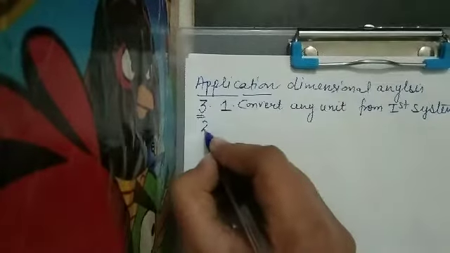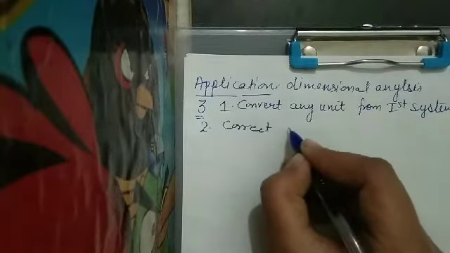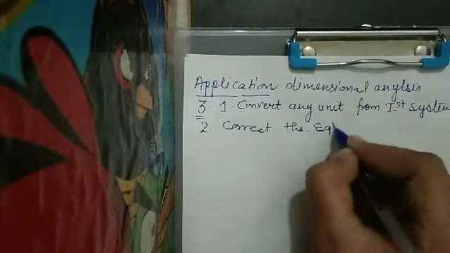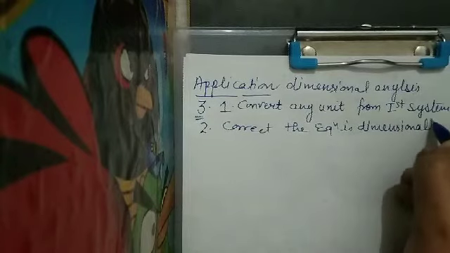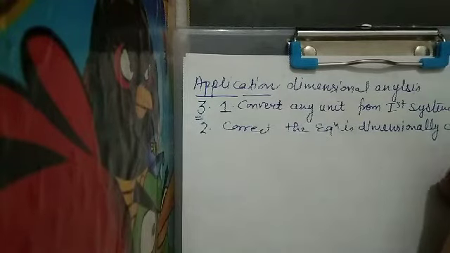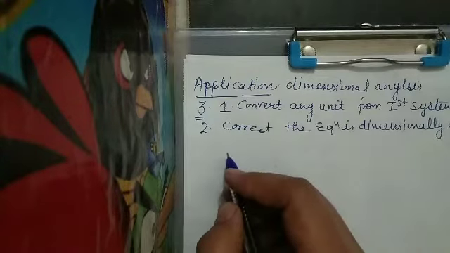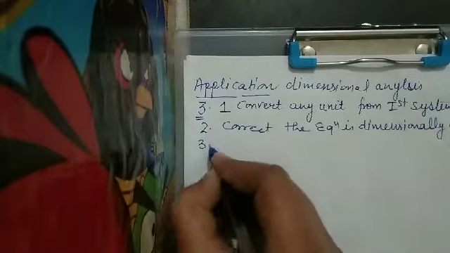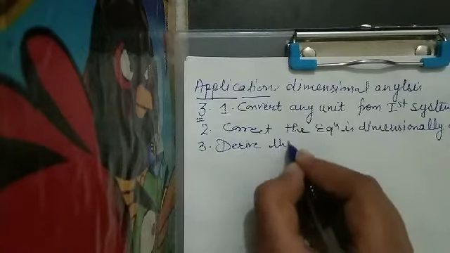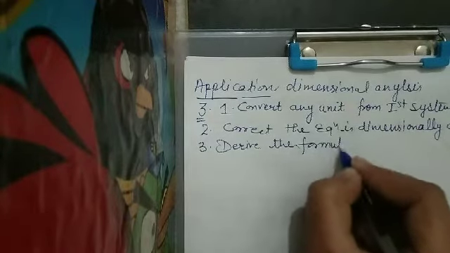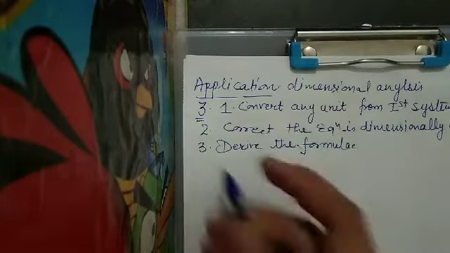And the second one is by using dimension we can check whether the given equation is dimensionally correct or not. It means to check the correctness of any equation or formula dimensionally. And the last one is to derive the formula. We will deal with each and every application based on dimension step by step.